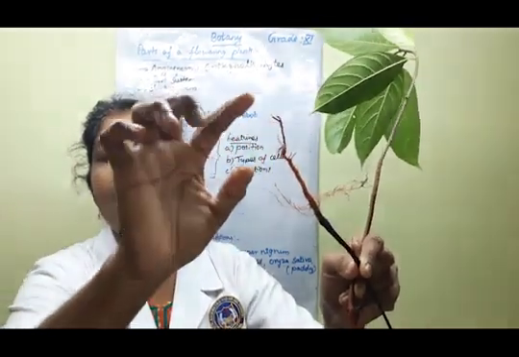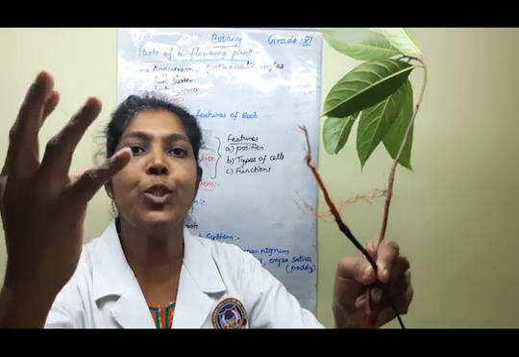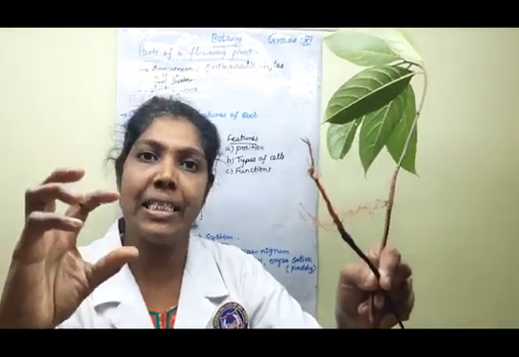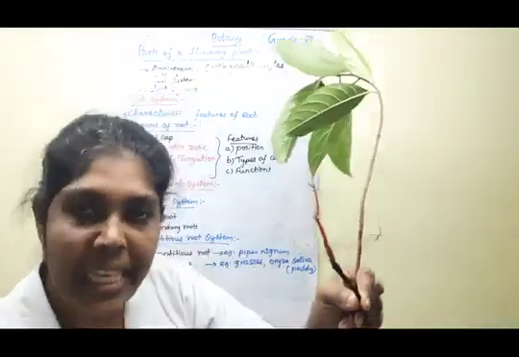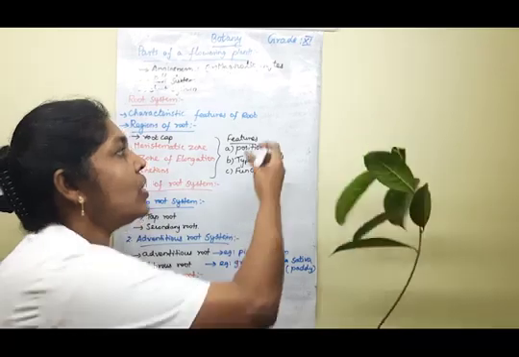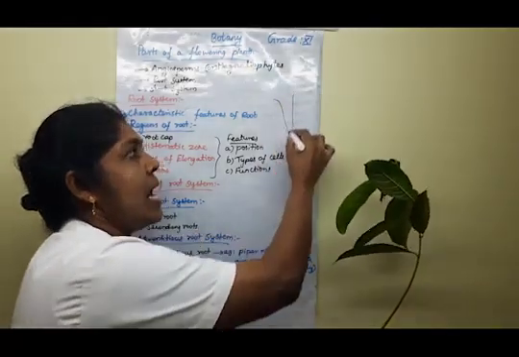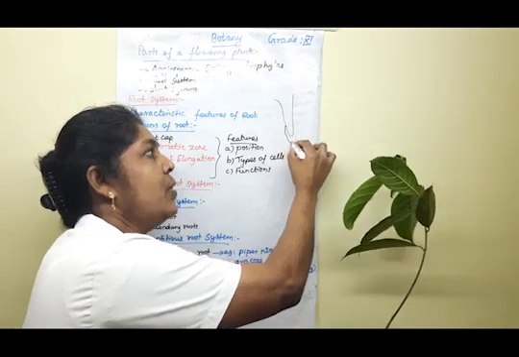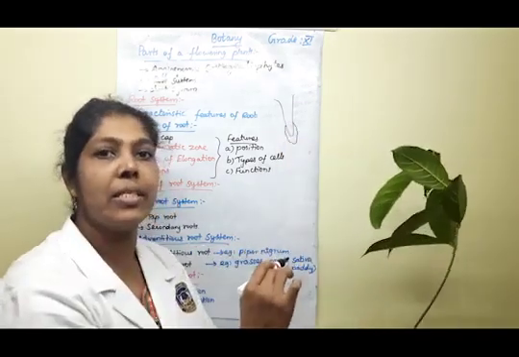This tip is covered by a dome-shaped layer of parenchyma cells, children. That is called the root cap. If this is the root tip, here is a dome shape. Clear?